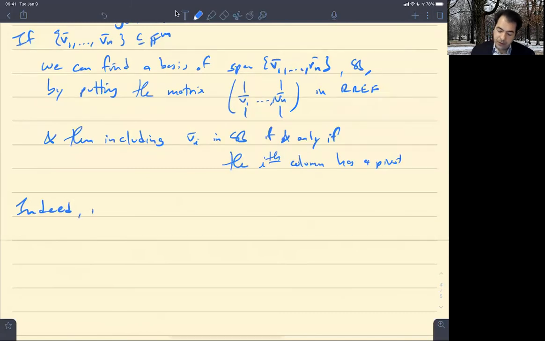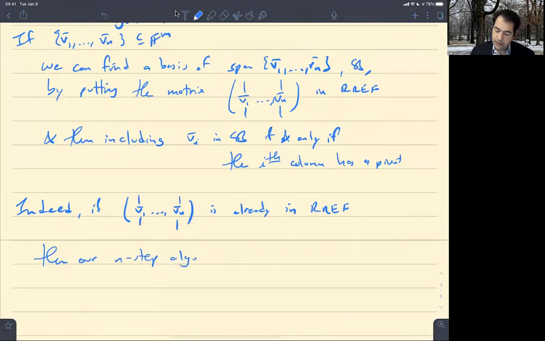So let's say, indeed, if this matrix is already in reduced row echelon form, then our n-step algorithm would pick out the columns that have pivots.